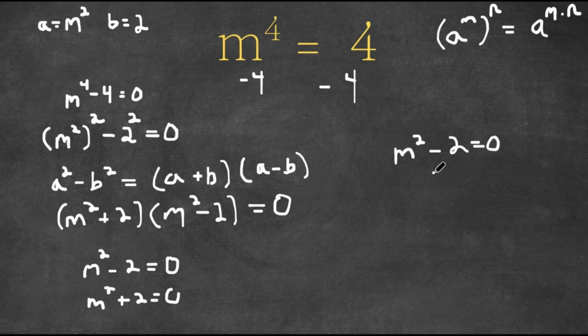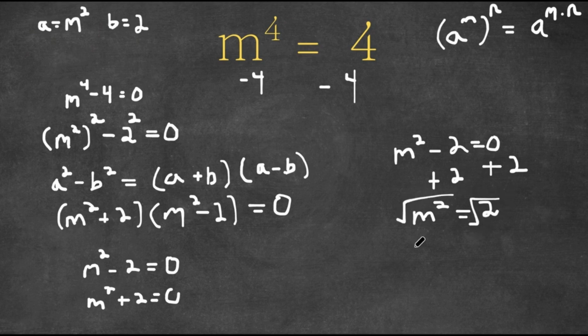First I'm going to add 2 on both sides. So we get m squared is equal to 2. So now if I take the square root on both sides, I get m is equal to positive or negative square root of 2. So these are two solutions.